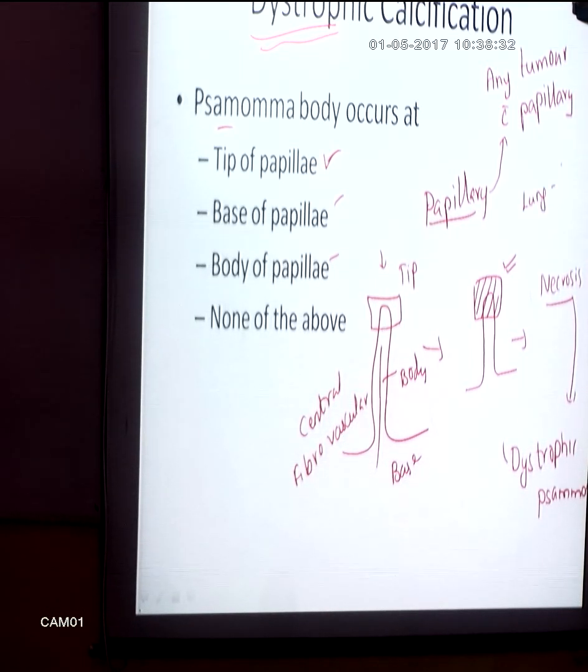Lung carcinoma has a papillary variant. Excellent. It will have Psammoma bodies. Serous adenocarcinoma of ovary, it is papillary, so it will have Psammoma bodies. Papillary thyroid carcinoma, papillary carcinoma of breast, papillary renal cell carcinoma, all these can have Psammoma bodies. So we have learned two things: it's on the tip of the papilla, and any tumor with a papillary architecture will have Psammoma bodies. Great.